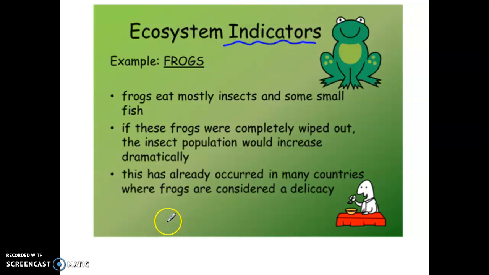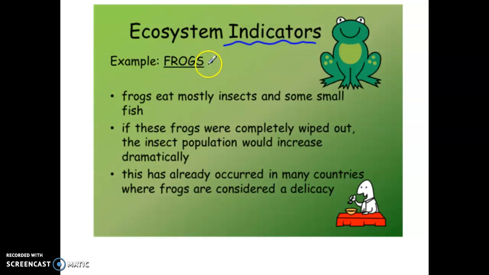So what that means is usually it's a type of species. So for example, let's say we're looking at a forest ecosystem or a pond ecosystem. The species they may choose would be like frogs, or it could be a specific type of fish or insect or plant. Really something that they're able to monitor and look closely at.